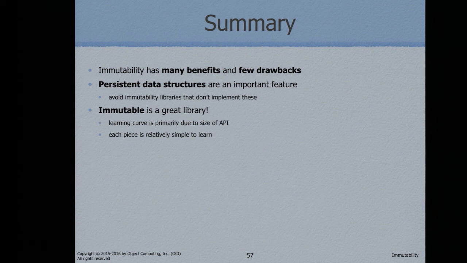Immutable is a great choice for that. You could look at it as if it had a really big learning curve, but really, if you just stick with the methods that I talked about for maps and lists, that might do just about everything you need, and then in that case, it's not such a big learning curve. In any case, any part of it that you need to use is pretty easy in isolation. It's just that there are many pieces to it.